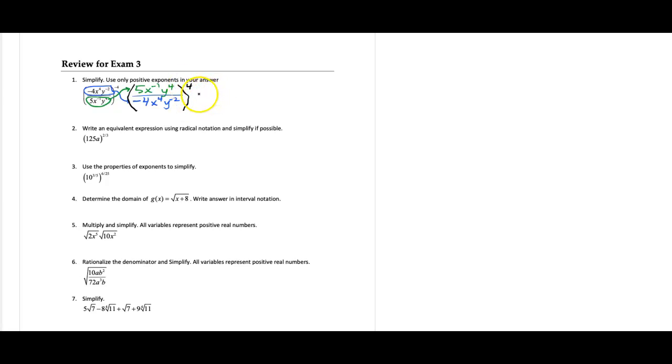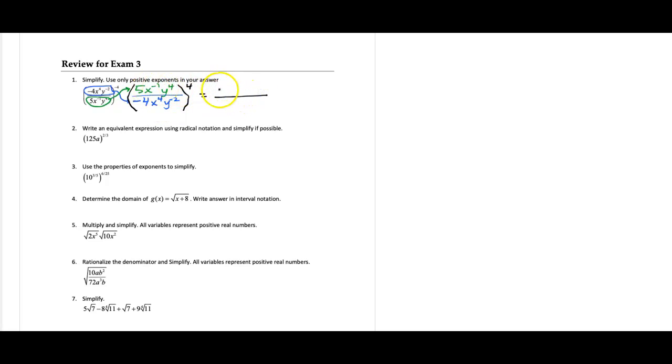All right, so again, the next step that I like to take is to try and get my variables together on the inside. I also like to make sure that I'm looking at those negative exponents and flipping them to where they're going to be happy.